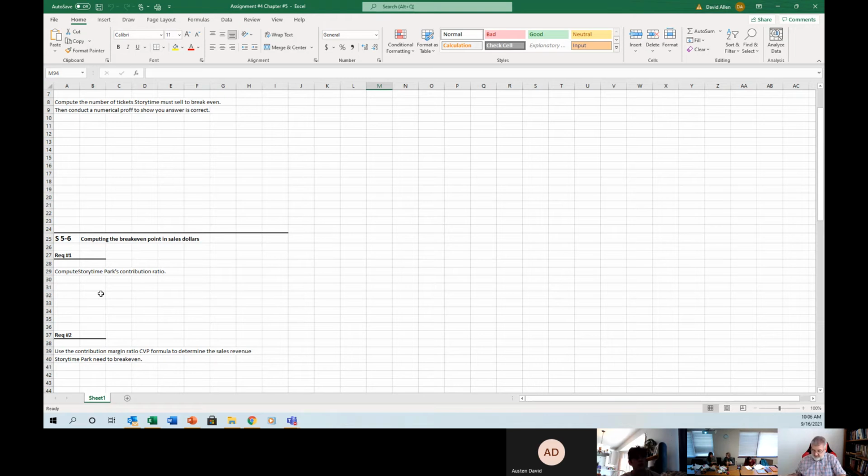Where's the contribution margin ratio? Okay, when you get to doing the contribution margin ratio, which is the second part of problem 5.6, that's on page 225. See, you even got a professor telling you where to go to figure out how to do your homework.